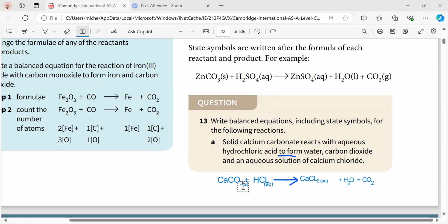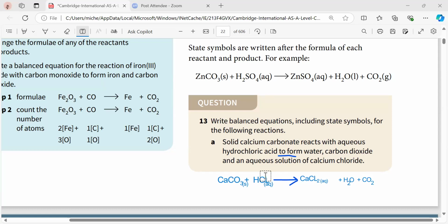Oxygen, we have 3 oxygens on the left side, and then we have 3 oxygens as well on the right side. We have 2 from carbon dioxide and then 1 from water. So oxygen has been checked as well. And now we're going to hydrogen.